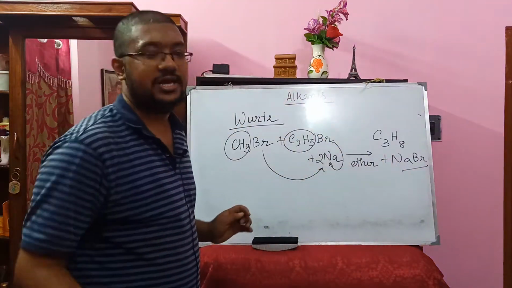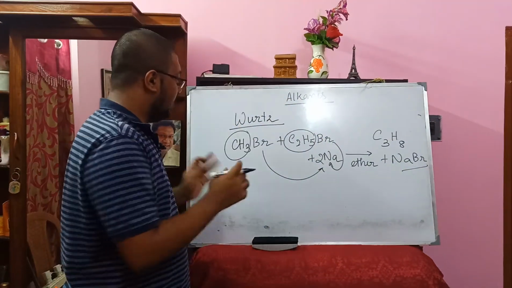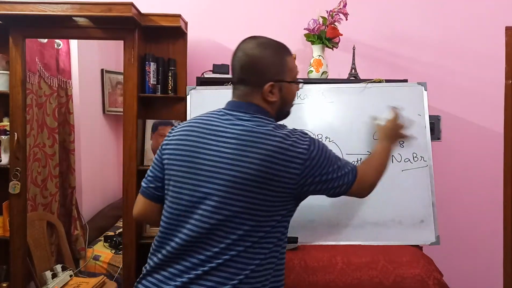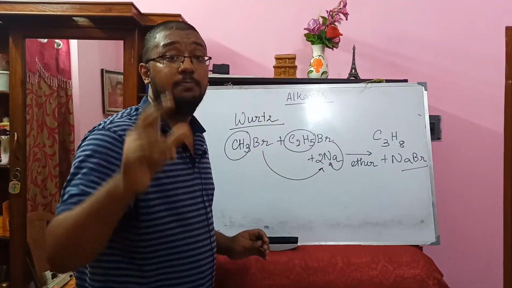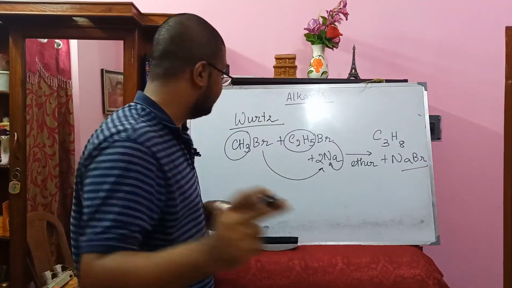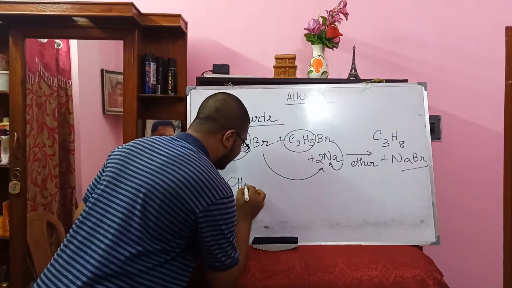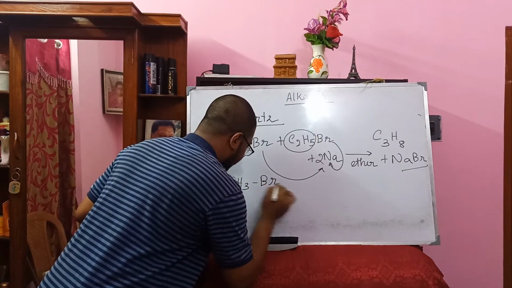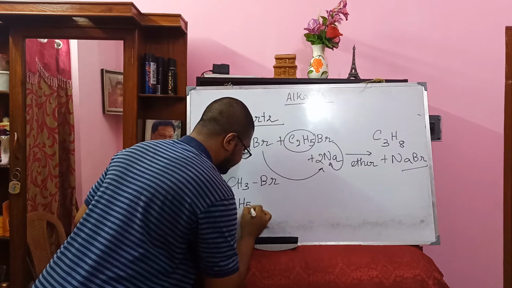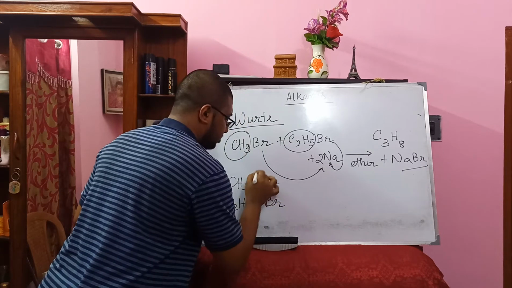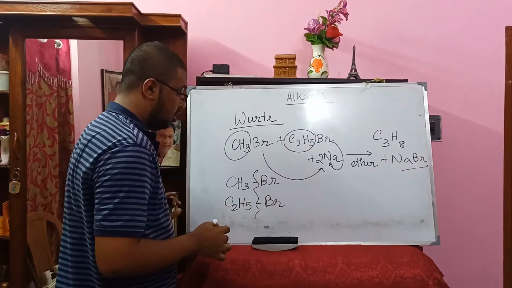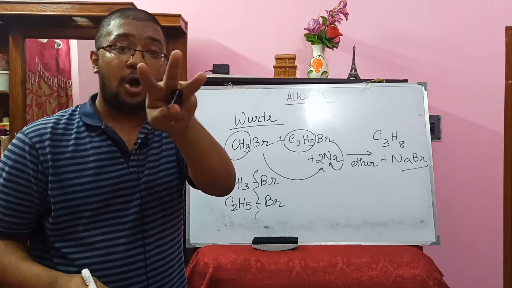Now try to understand. You are thinking that CH3 plus C2H5 is giving you C3H8, but the thing is not that simple, because the bond will break like this. So there are 3 possibilities.